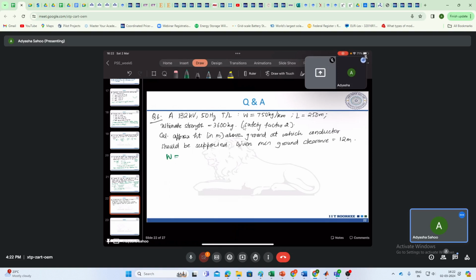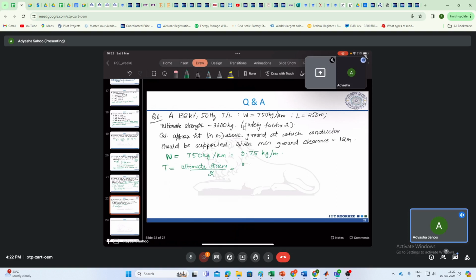So again here W is 750 kg per kilometer or 0.75 kg per meter, and your working stress T is ultimate strength by 2, because that is your safety factor.